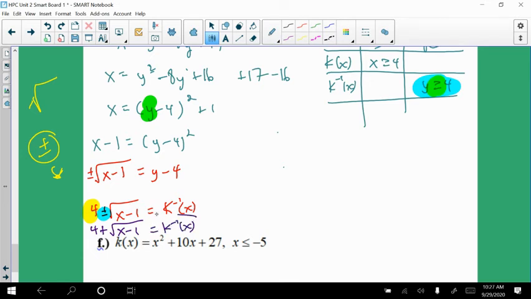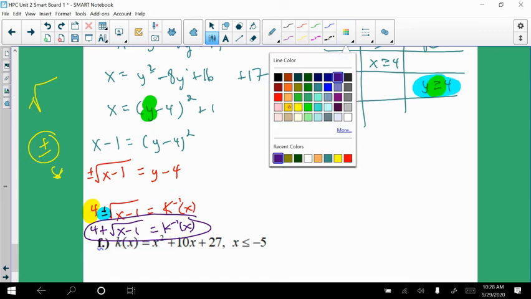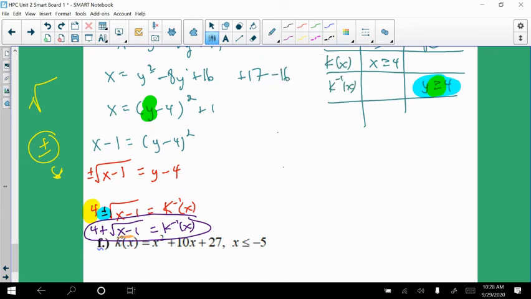Now, in this inverse, I know something about the domain because I've got a square root, right? Think about that square root. We need to make sure that our x value is greater than or equal to 1. Otherwise, we're taking the square root of a negative number. So in the inverse, I know x is greater than or equal to 1, which meant in my function, y was greater than or equal to 1 as the range.